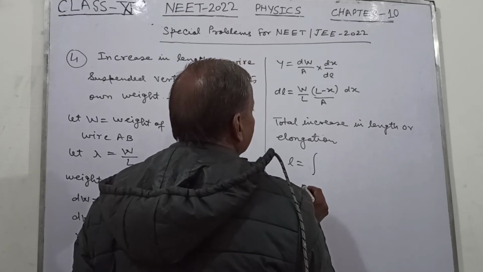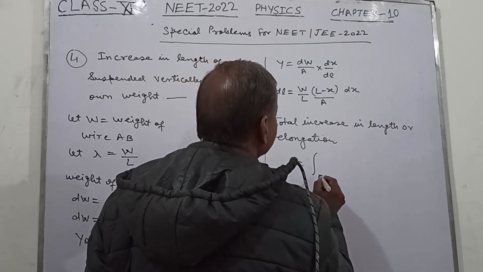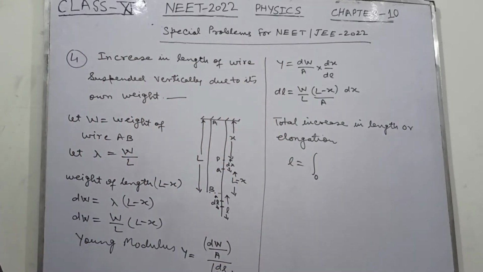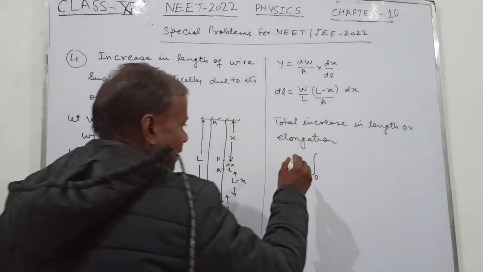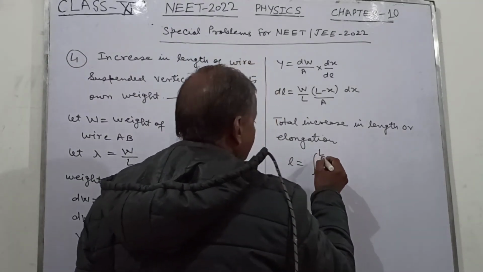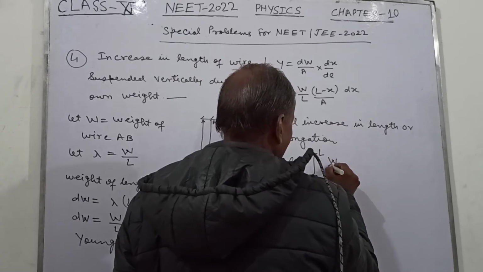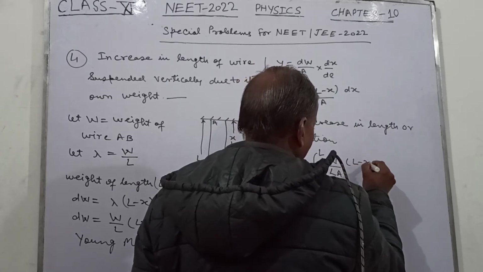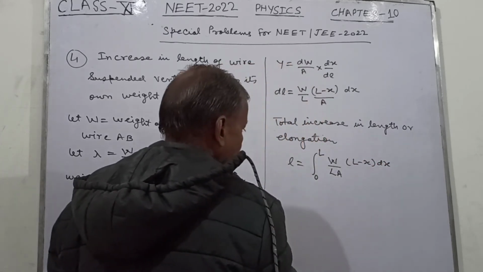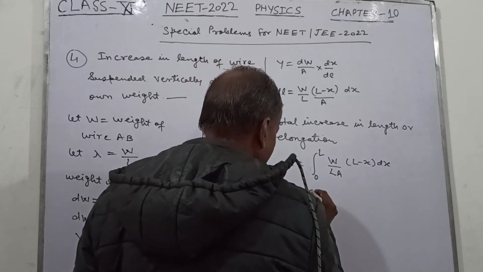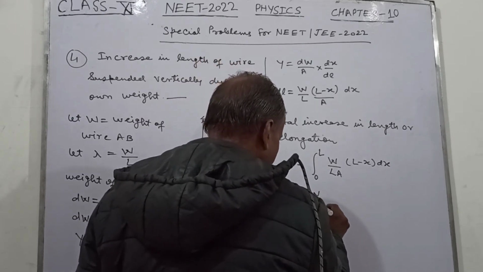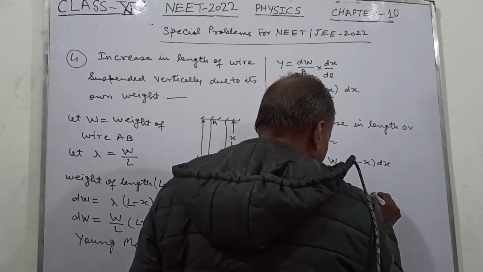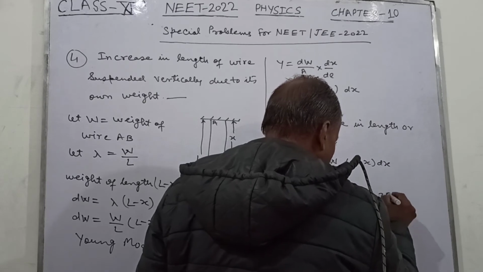Now this x goes from 0 to L, and this now we will take is W upon L A into L minus x dx. So this is equal to W upon L A into, ये हो जाएगा आपका (L minus x) whole square upon 2, from 0 to L.